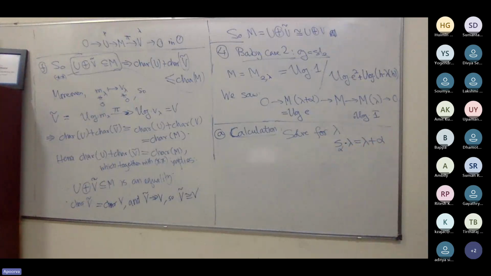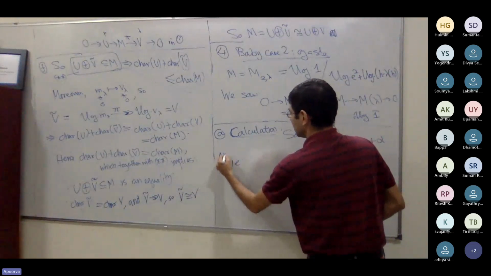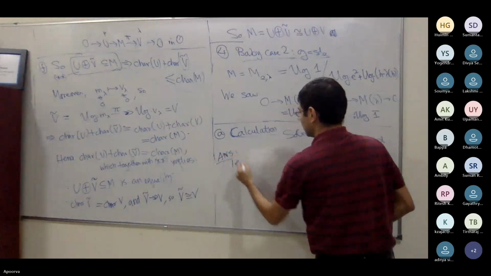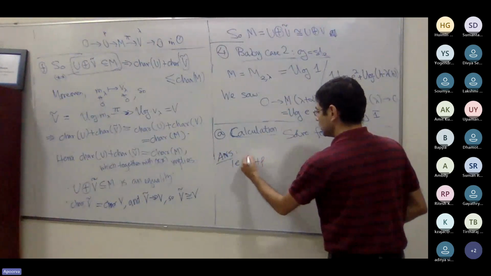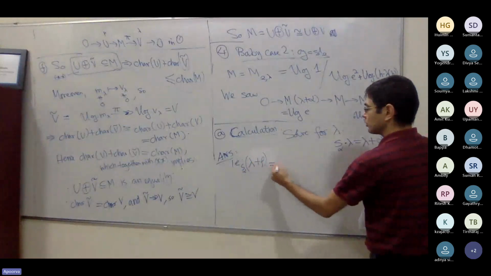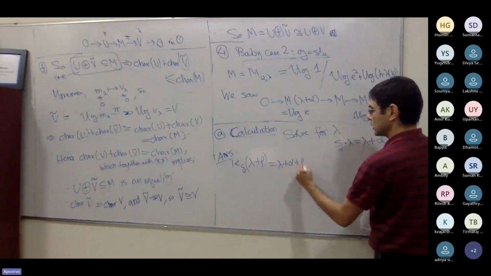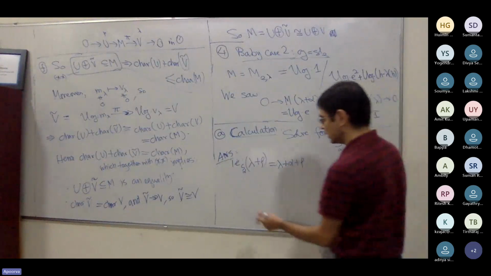How does one get this? What does this mean? It means that lambda plus rho, if you apply S alpha without the dot action, this should be lambda plus alpha.